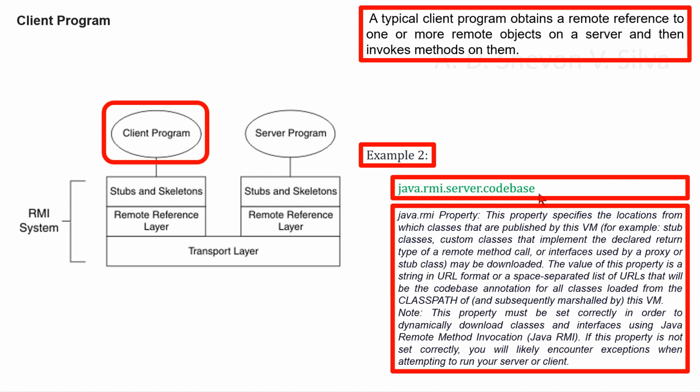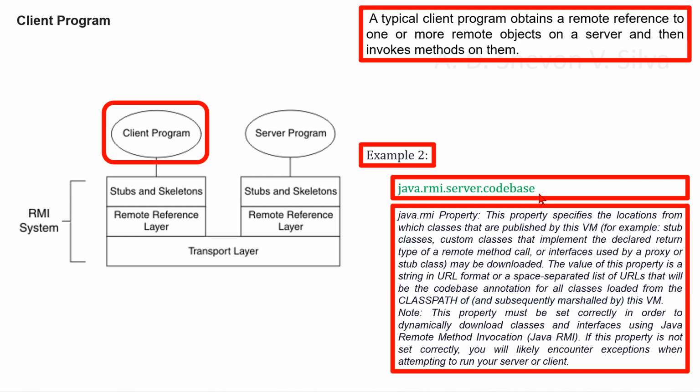The value of this property is a string in URL format or a space separated list of URLs that will be the codebase annotation for all classes loaded from the class path of, and subsequently marshaled by, this VM.